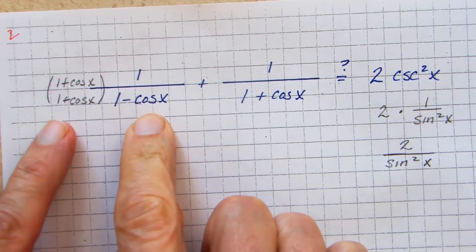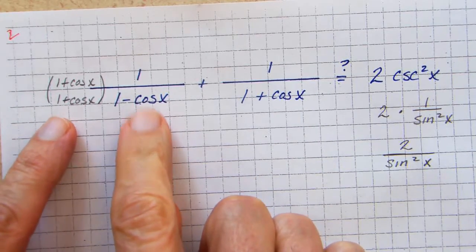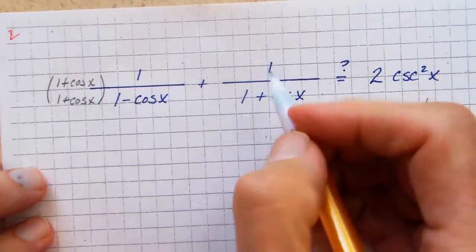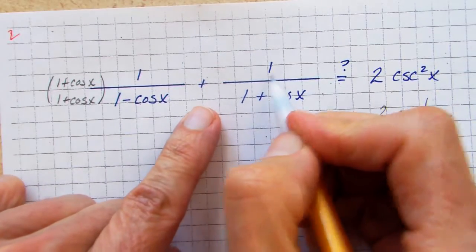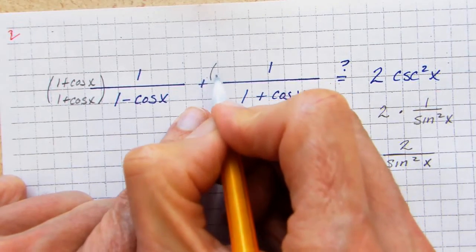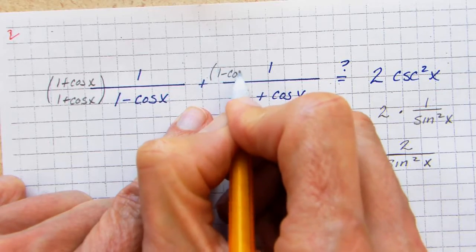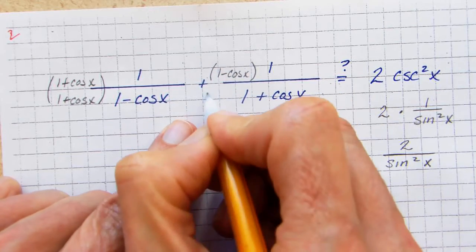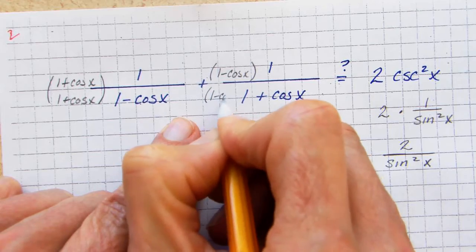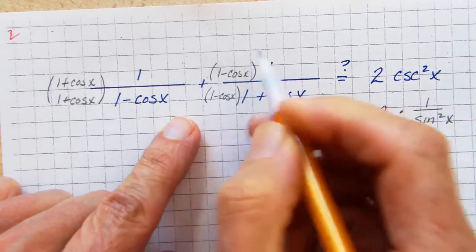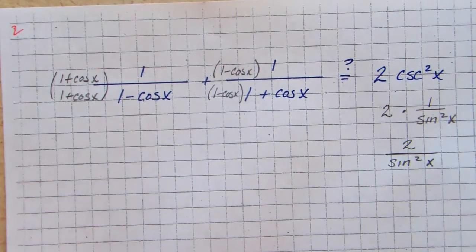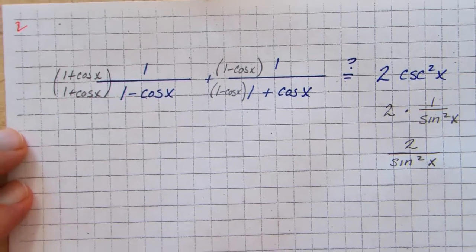Notice this is also connected to the conjugate idea. And then this one right here, let's multiply this one by 1 minus cos x and 1 minus cos x. Multiply at the top and bottom by the same thing. You're not changing the value of the relationship.